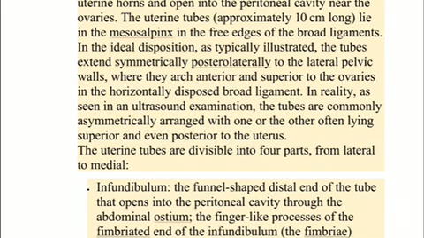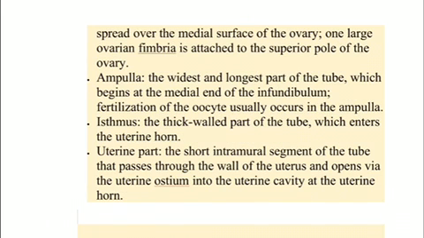The second part of the uterine tube I must mention is the ampulla. This is the widest and longest part of the uterine tube. The ampulla begins at the medial end of the infundibulum, and fertilization of the oocyte usually occurs in the ampulla. Next is the isthmus. The isthmus is the thick-walled part of the uterine tube which enters the uterine horn.